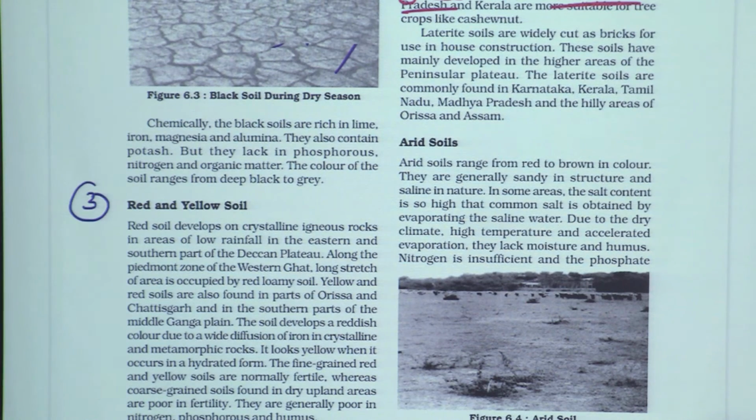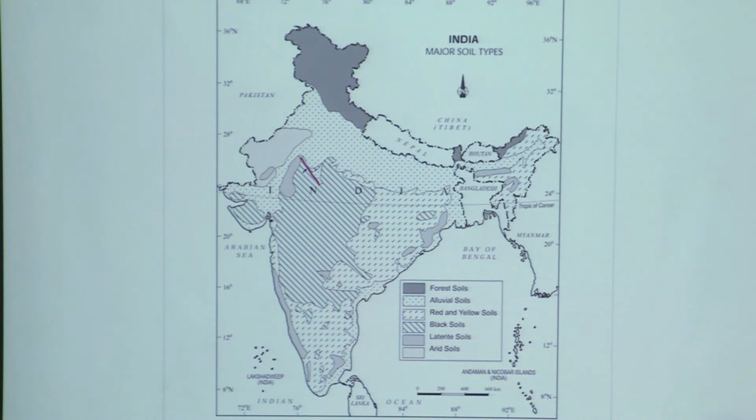Soil number 3, as per our NCERT, red yellow soil. Red soil develops on crystalline igneous rocks in the areas of low rainfall of the eastern and southern part of the Deccan Plateau. Let us first see the map. Red soil actually surrounds black soil from almost all its sides and is surrounded by alluvial soil.